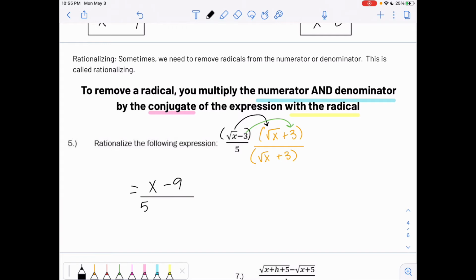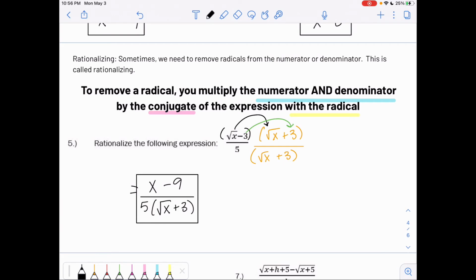So 5 times parentheses, square root of x plus 3. And we're going to leave it just like that. I know it's unnatural to leave a radical in the bottom, but for the purpose of this lesson, we're just going to leave it the way it is. At this point, you would see if you can either factor or simplify something from top to bottom, and then you would cancel if you could.